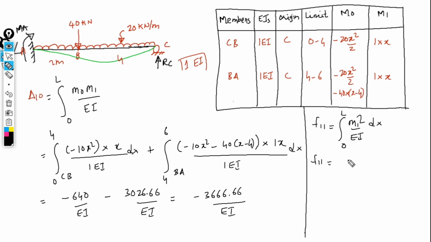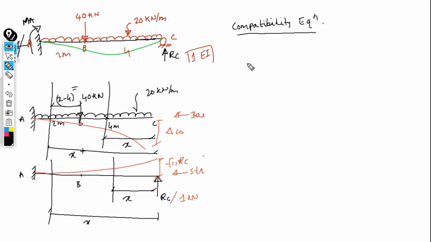Here also m1 value is x, so m1 square is x square by EI dx. So when you solve F11, you will get the value 71.99 divided by EI.